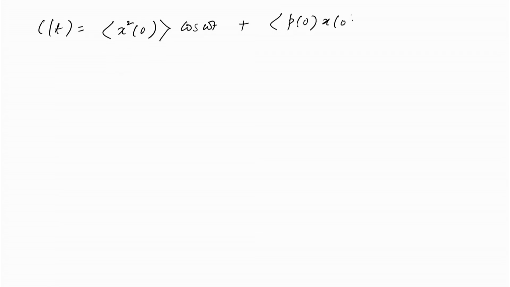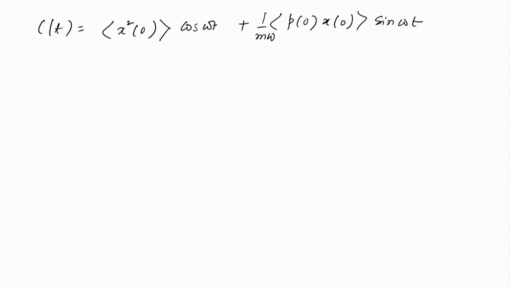So, c of t is equal to x square of 0 cosine omega t plus p of 0 x of 0 times 1 over m omega sin omega t.